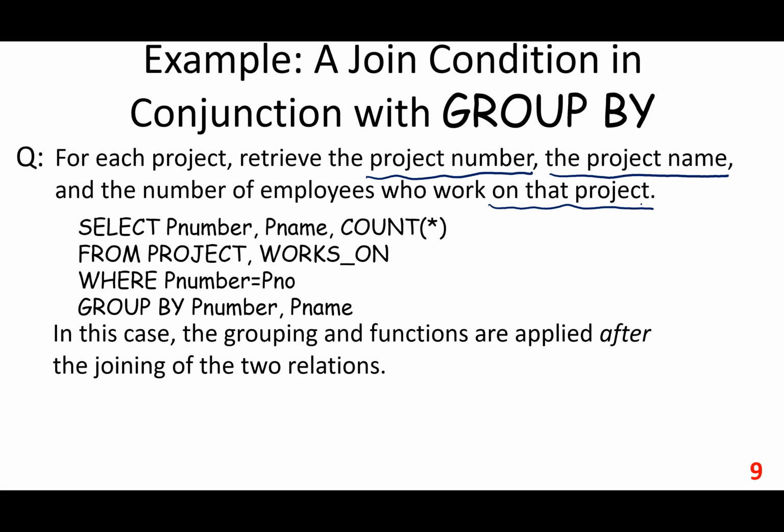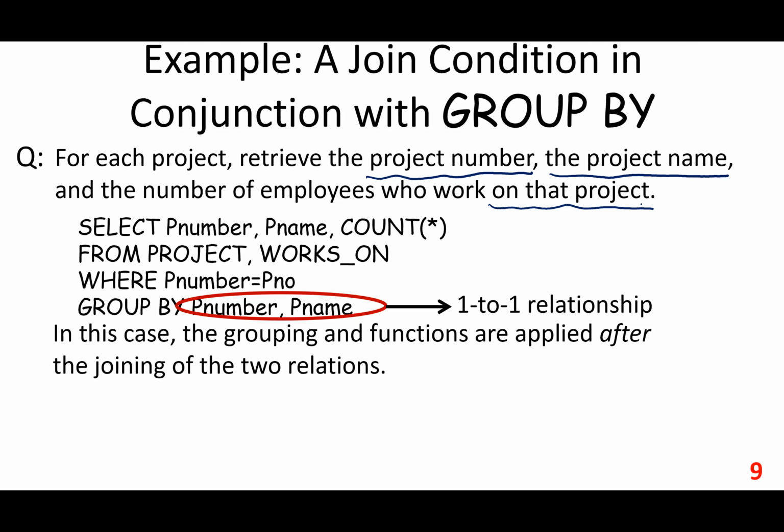Here the question: project name, project number. We know each project has one project number and one project name, right? One-to-one correspondence. Project number is the ID of a project, a unique value. Project name is also unique, right?